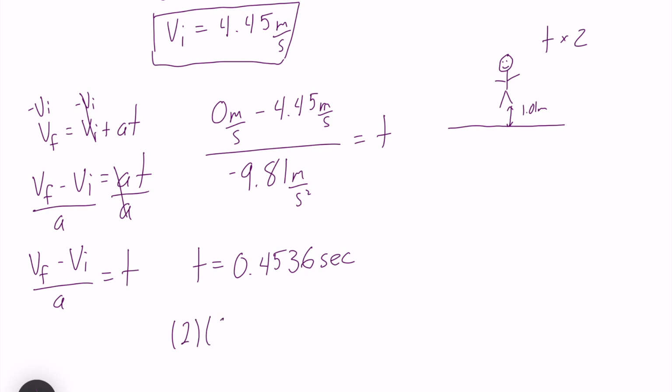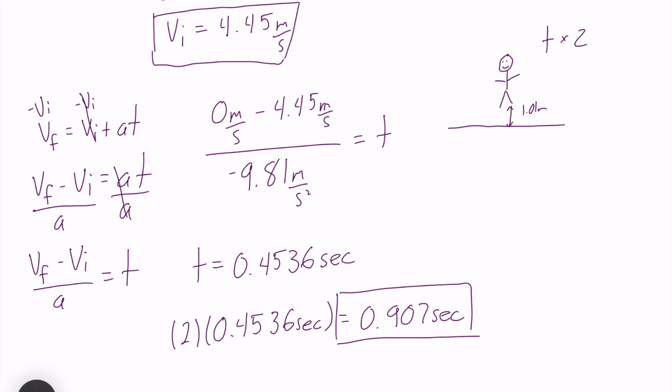So I'm going to keep all of those digits that I got. 0.4536 seconds multiplied by 2, and what we should get is 0.907 seconds as their entire hang time.